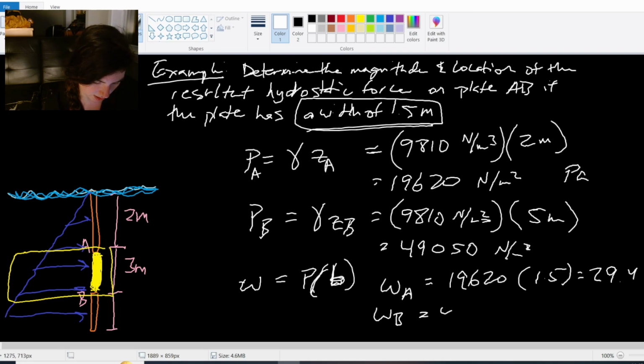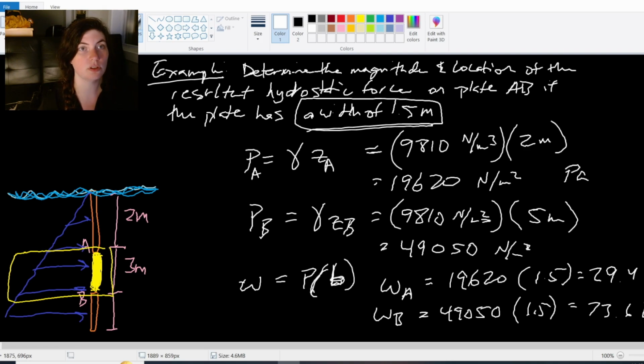And at B, I have 49,050, again times 1.5, same width across this whole plate AB. Multiply that, I get 73.6 kilonewtons. So now I have something that I've seen before, right? I have something that I can work with.